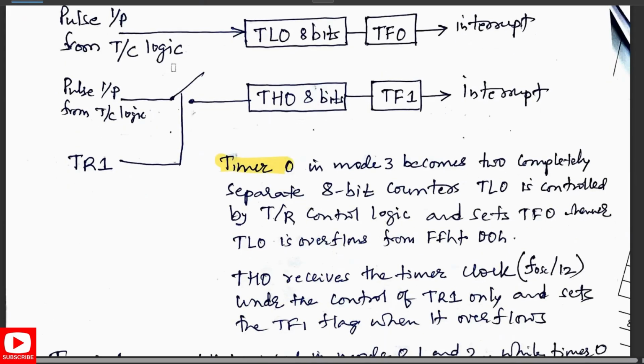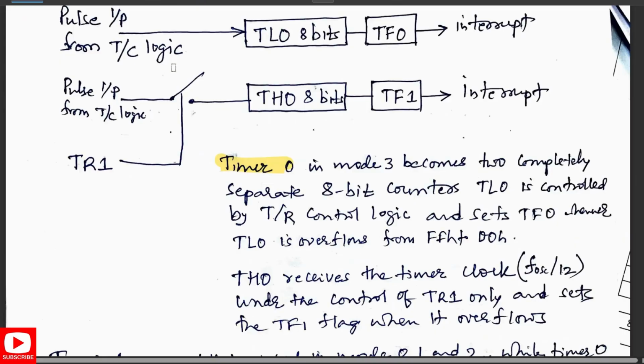This timer 0, TL0, is an 8-bit timer or counter. It is controlled by TF0 and INT0. Both of them control this timer 0's TL0. Then TH0 is controlled by the 8-bit timer only, not the counter. It is controlled by TR1 and by TF1 also when it overflows.